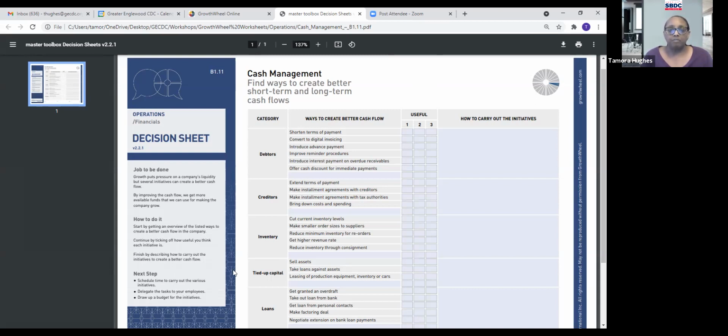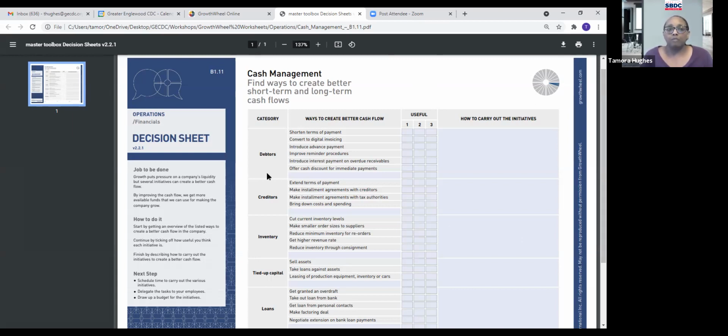And then the next steps after you save the sheet and begin to work in the sheet, you would actually begin to use this to maybe delegate to your employees. It'll also help you draw up a budget for the initiatives that you're thinking about, as well as a schedule, so that you'll know when to carry out all these opportunities.